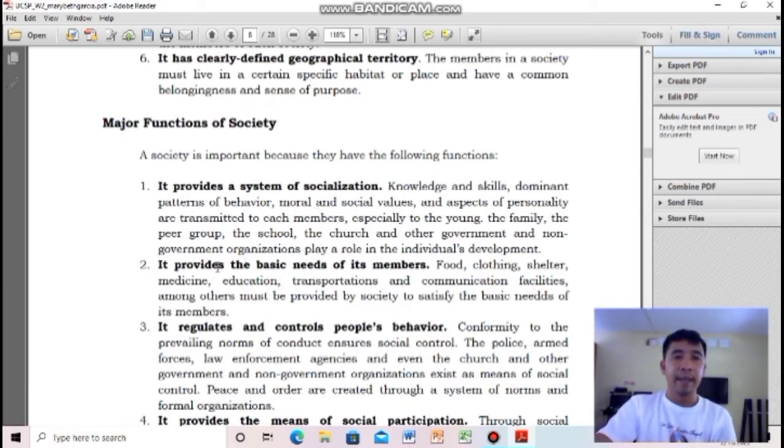Okay, second, it provides the basic needs of its members. Okay, basic needs such as food, clothing, shelter, medicine, education, transportation, and communication facilities. So tanan, ara dira sa aton nga society ina. Pero it's not for free now.